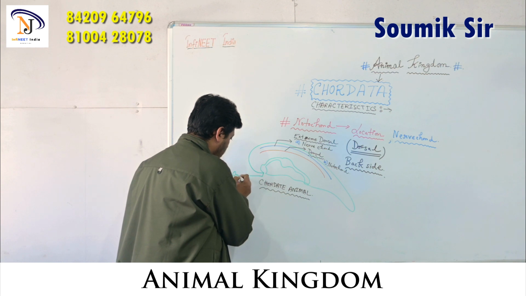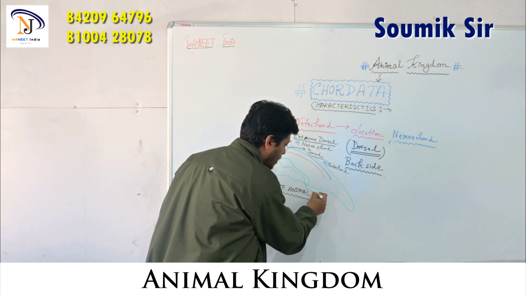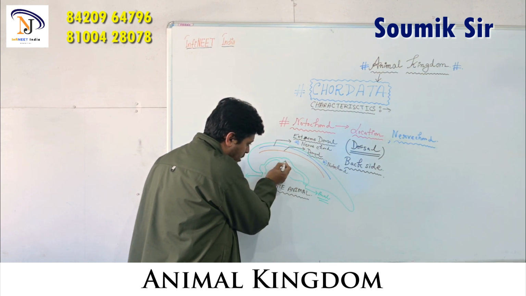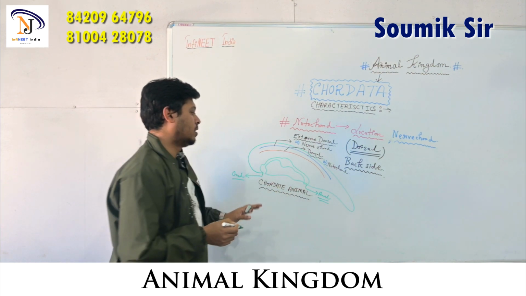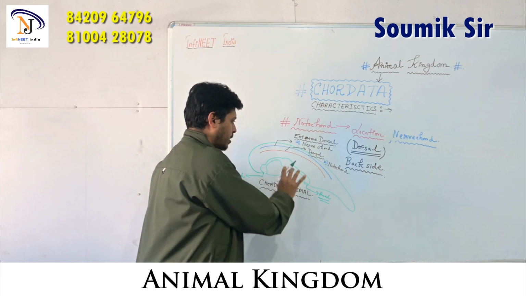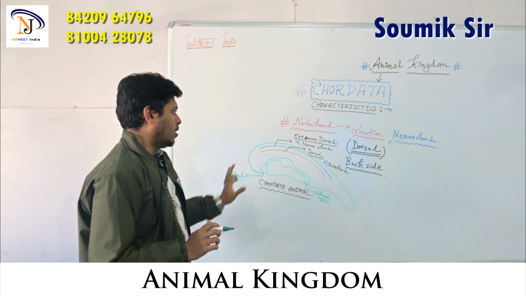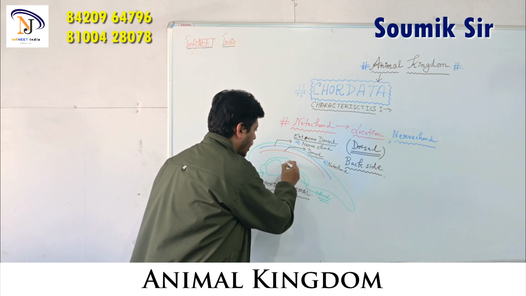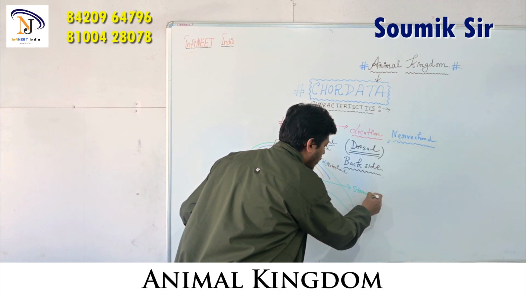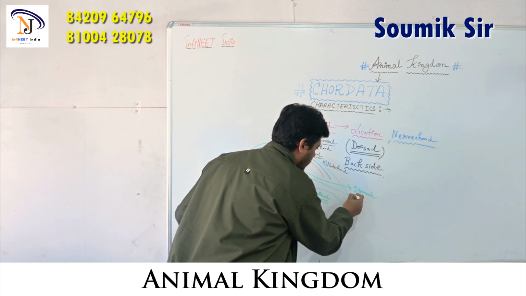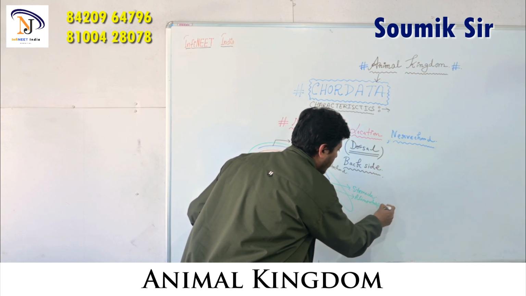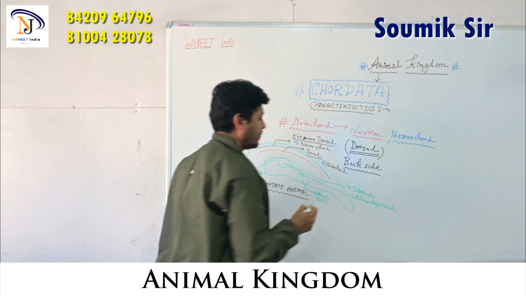This is the oral side and this is the anal side, and the digestive canal or digestive tube enters into the body, and this is a major feature of the chordates. And this is the stomach, and this is the alimentary canal.